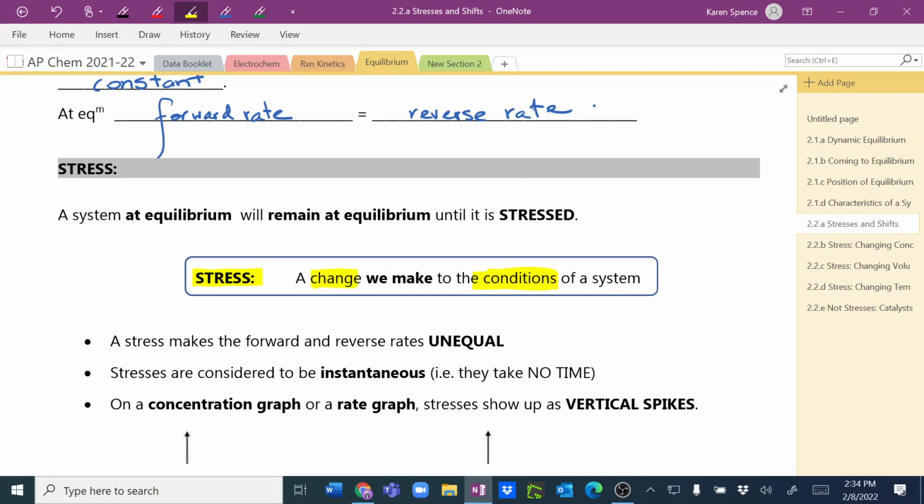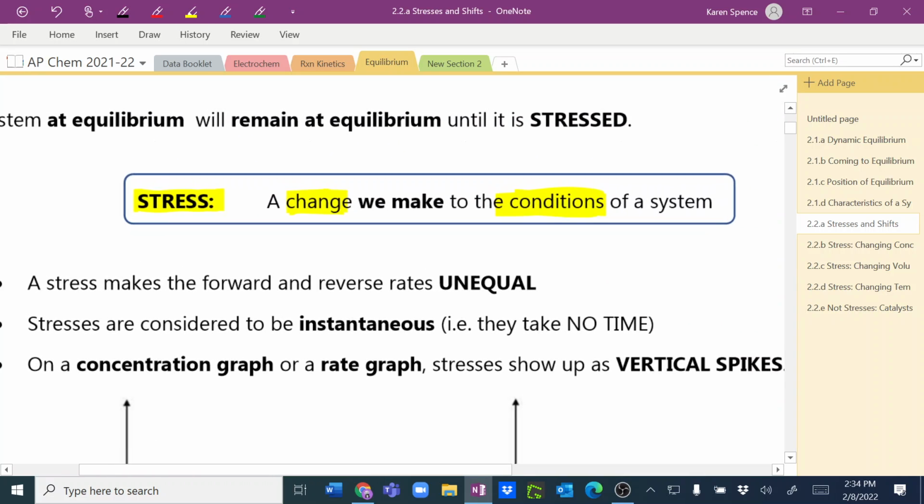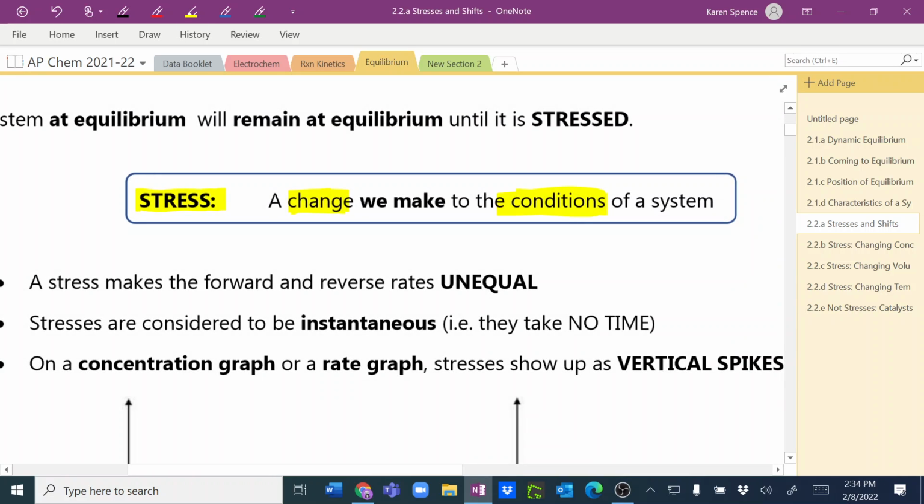Attached to that, I could have a cylinder of some other gas, and so I could pump extra NO2 into here. So I could change the concentration of NO2. That would be a change in the condition. Still a closed system, but a change in the condition. Stresses, regardless of what kind they are, make the forward and reverse rates unequal.